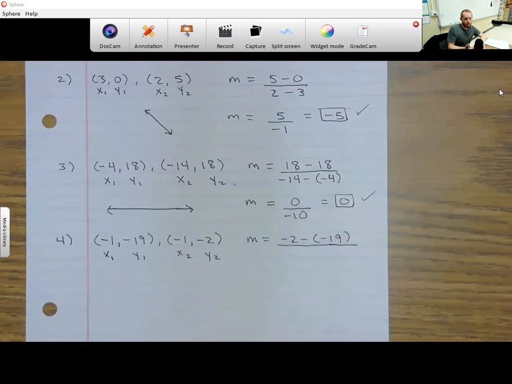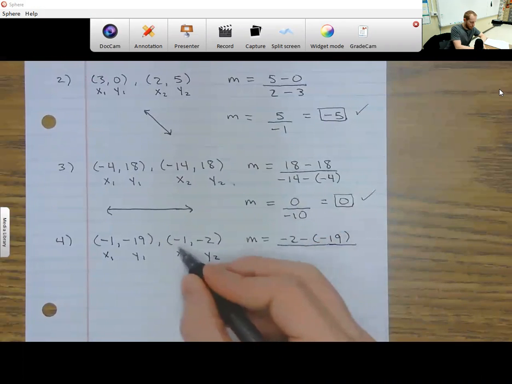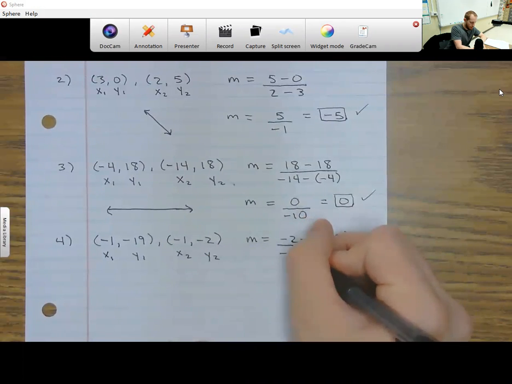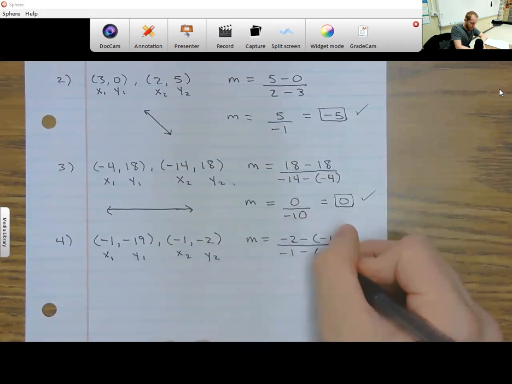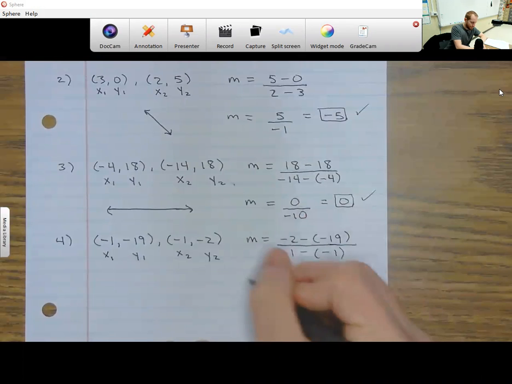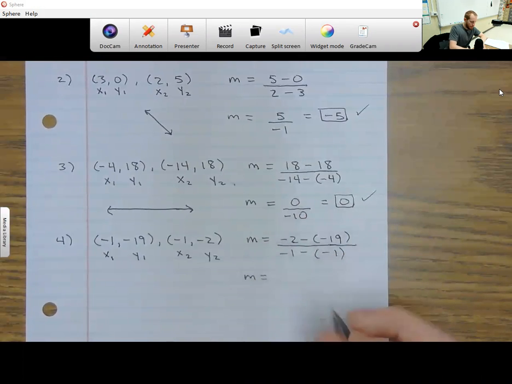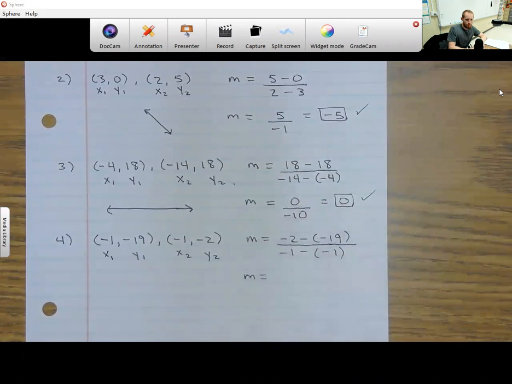But then the x's have to be subtracted on the bottom. So what are my x's? Negative 1 minus negative 1. Okay. So now I've got all the numbers where I want them to be.